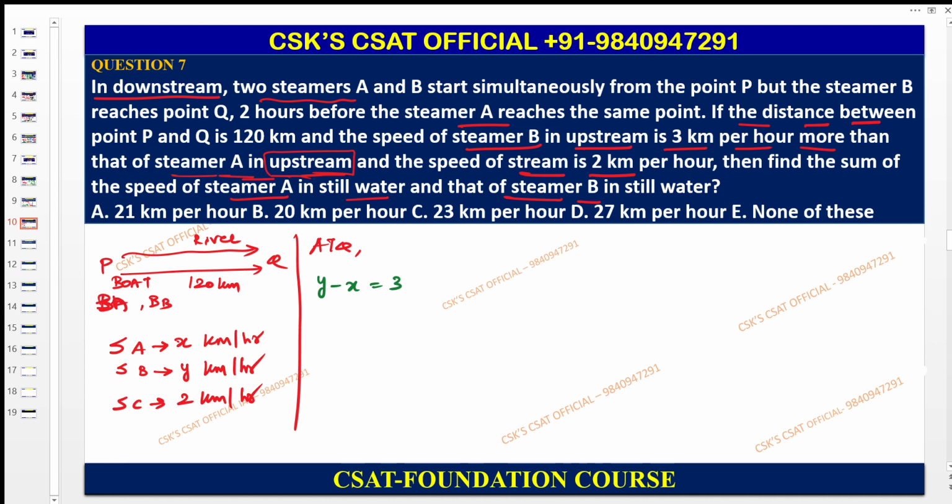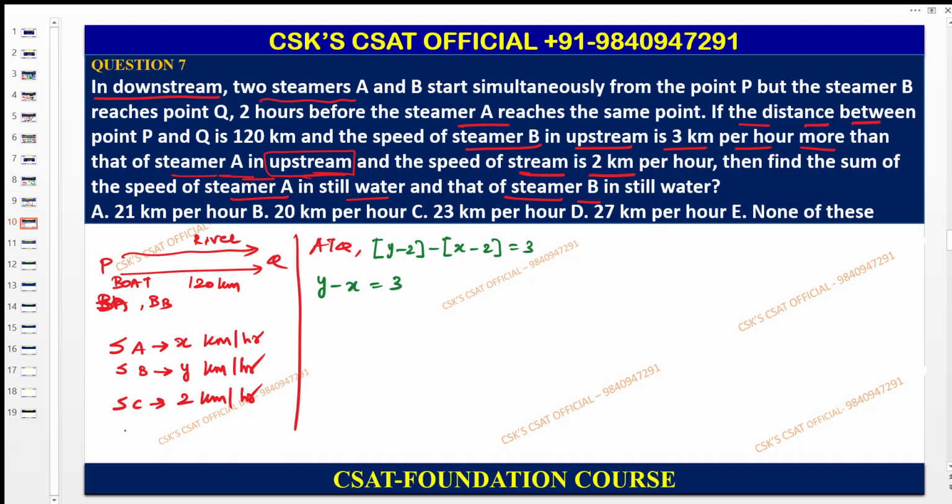This is according to the question. B minus A. When we are taking X and Y, instead of A and B, assign them as X and Y. So therefore, Y minus X is equal to 3.